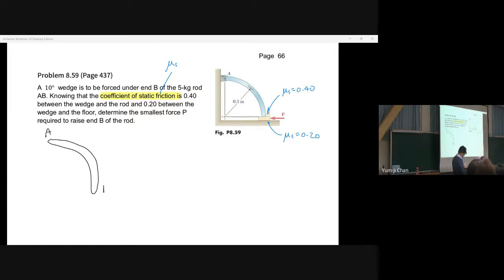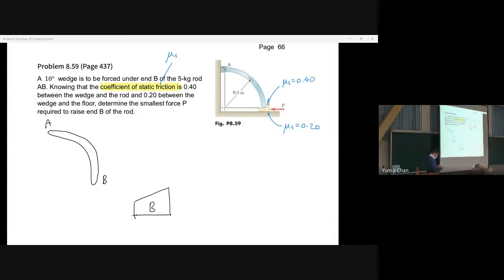A and B, and then we have block B here. Let me put the force P here.